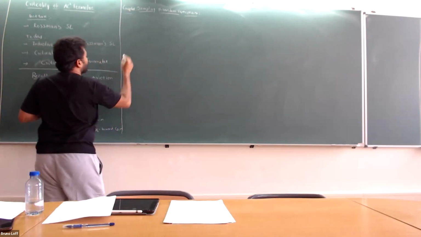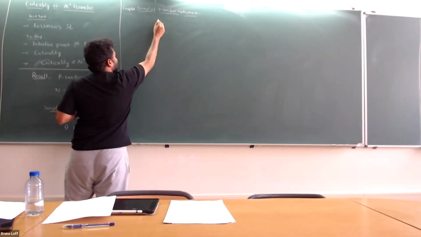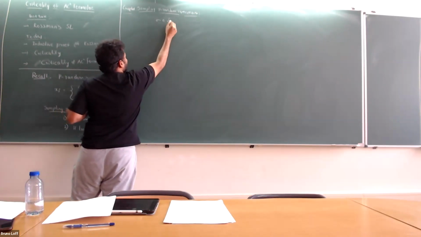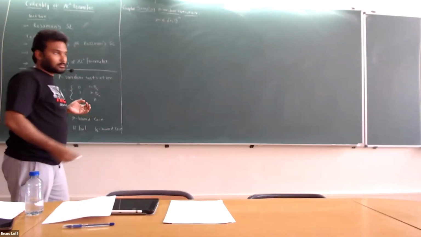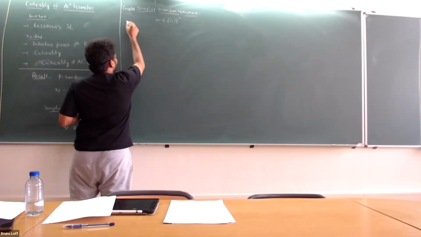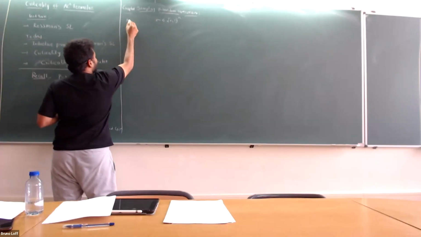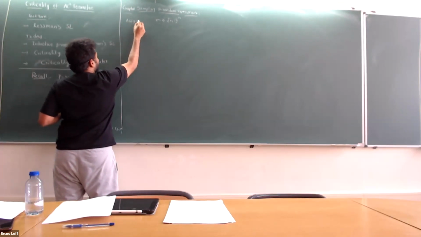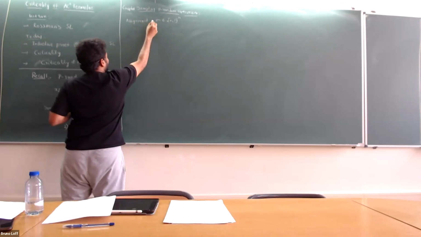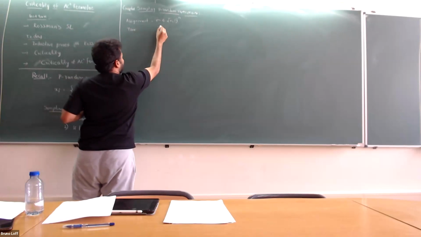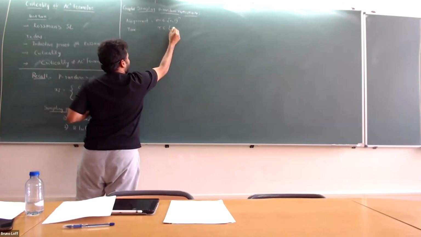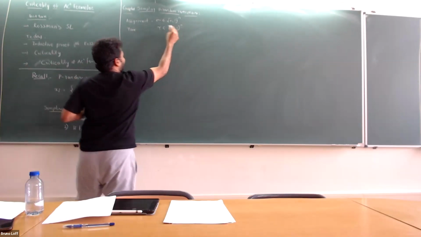First sample a uniform string sigma from 0 to n. This we will call the assignment. And then sample an element from this box.